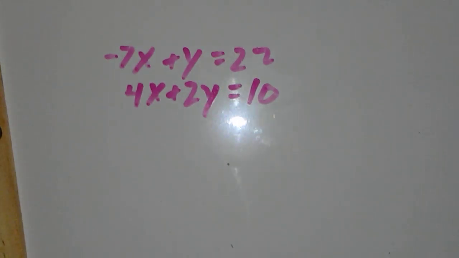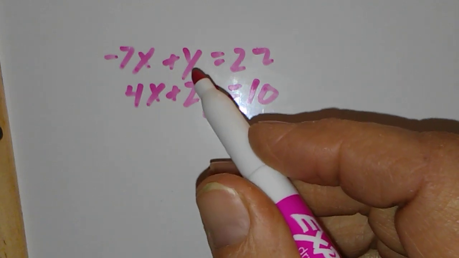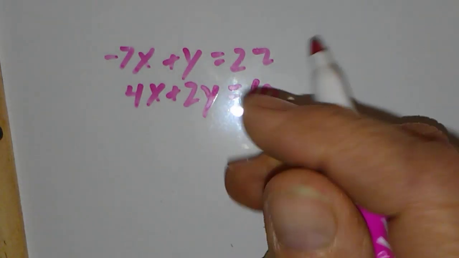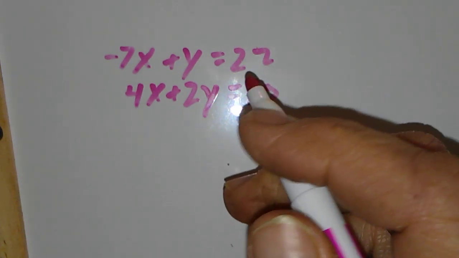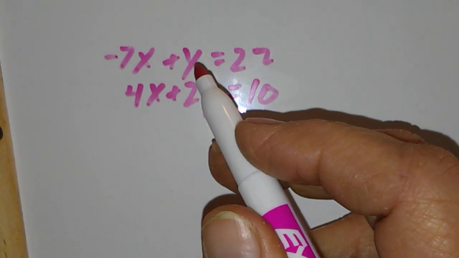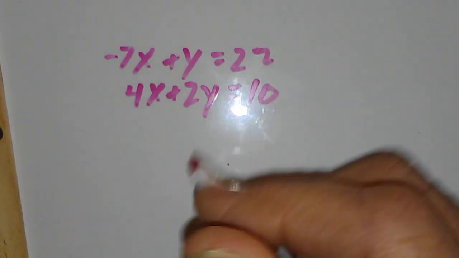Now, when you want to substitute, you want to get down to a y equals or an x equals, because then you'll have exactly what you want to substitute in for the y or the x. So here I can get a y equals very easily just by adding 7x.